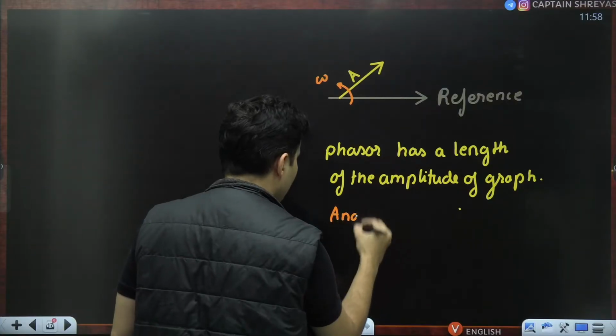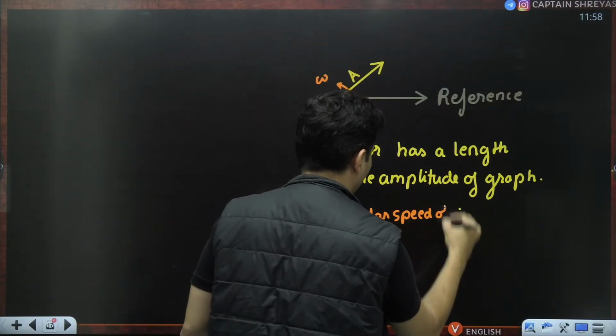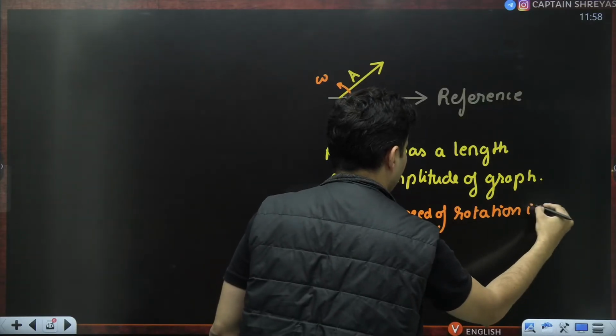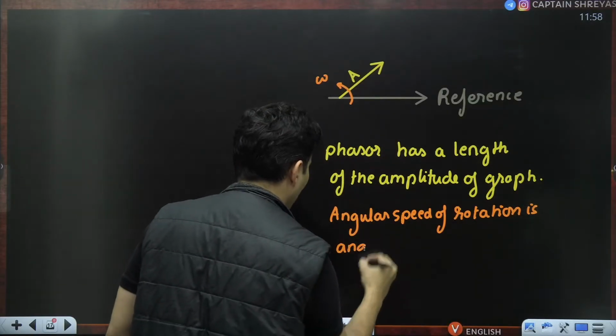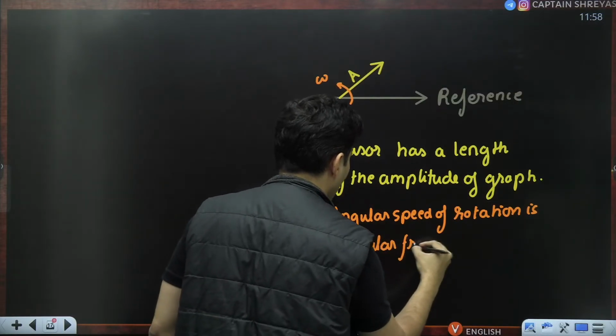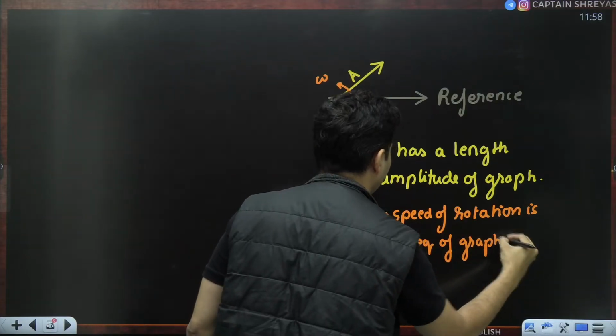The angular speed of rotation is the angular frequency of that particular graph.